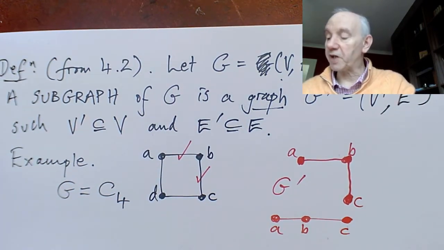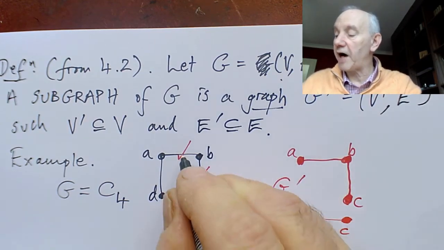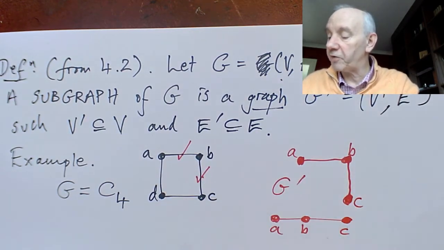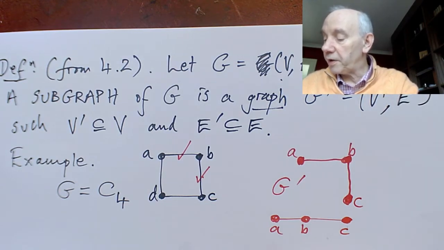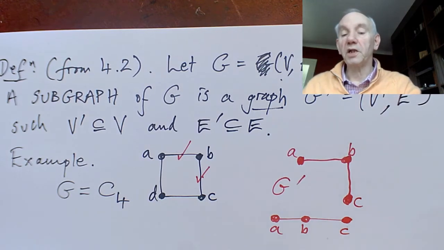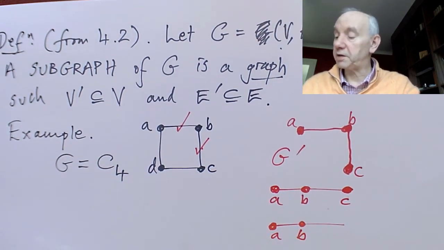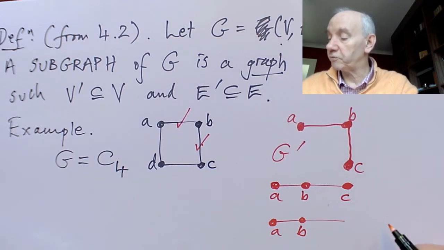I just want to emphasize that, having chosen these two edges here, we're not allowed to leave out a vertex. So we're not allowed to have A and B and not C, because we're not allowed to have an edge that doesn't join two vertices. So this is not allowed. That's not a subgraph.